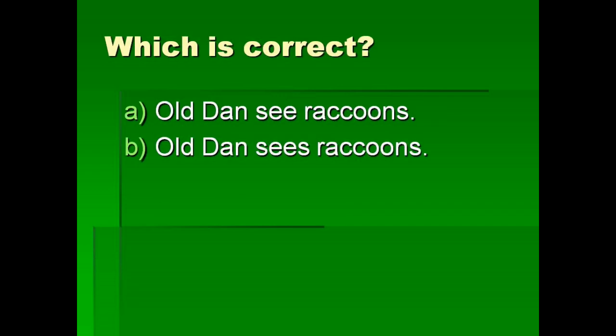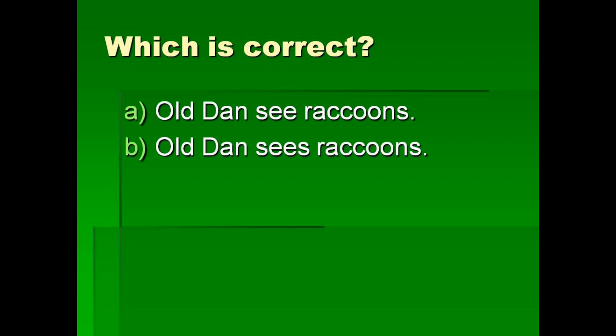Now, lastly, which one is correct here? "Old Dan see raccoons." "Old Dan sees raccoons." You can replace Old Dan with your name. You can say "The teacher see raccoons" or "The teacher sees raccoons."